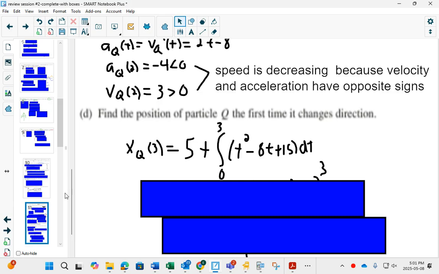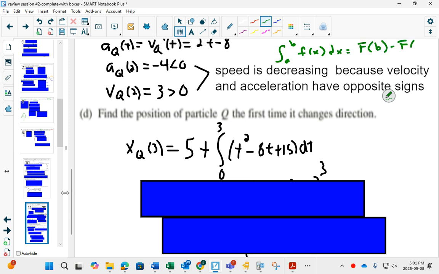This equation here, just a question, how many people have made the connection that when we write this as accumulation of change, really this is, you know how the fundamental theorem of calculus part 2 says this?